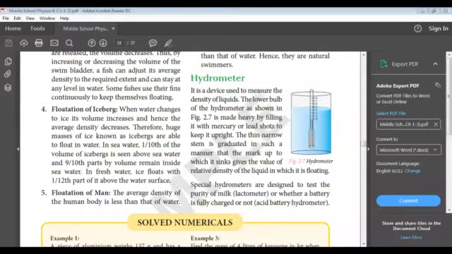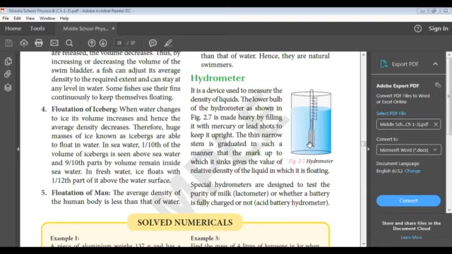Okay students, our last part of this chapter is hydrometer. Hydrometer is a device which is used to measure the density of liquids. See here, the hydrometer has the lower bulb. As shown in the figure, just look at this pointer. It is the lower bulb. It is made heavy by filling it with mercury or lead.